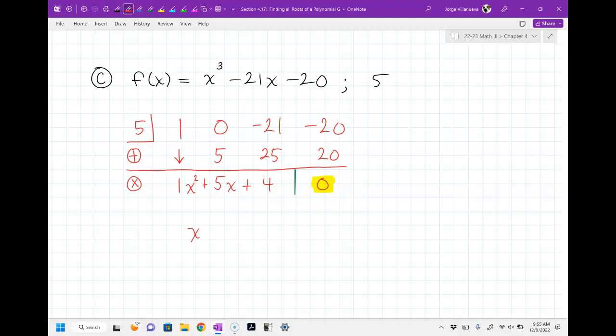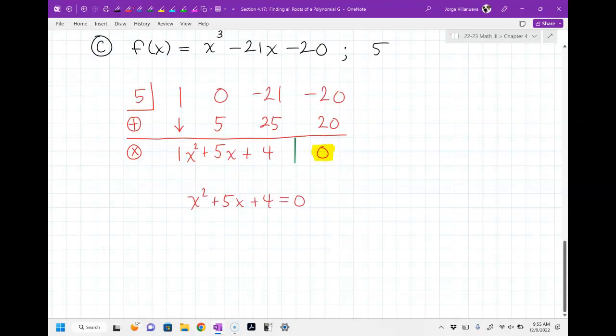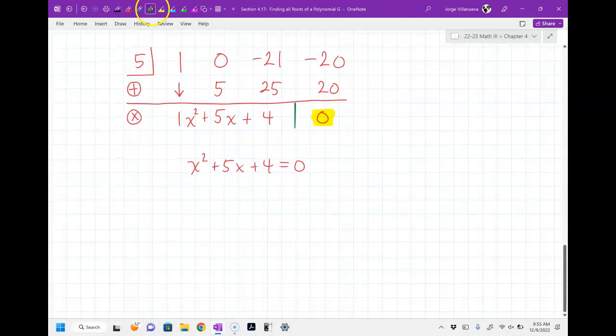I'm going to write my answer below it. Set it equal to 0 because they want me to solve. Anytime they want you to solve, just set it equal to 0. Okay? And I can actually use the x method with this one. Okay? So a is 1, b is 5, c is 4.